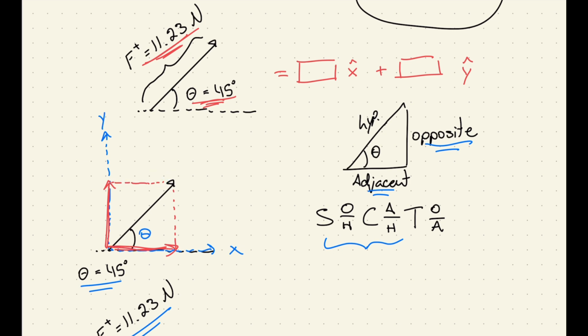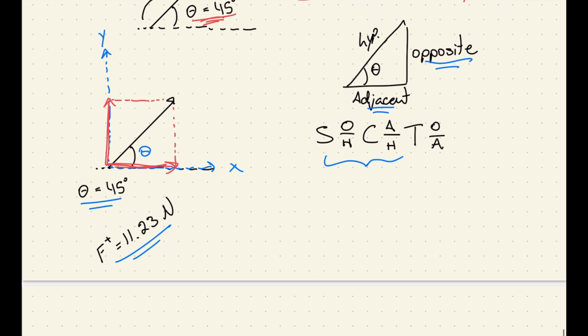So this is why sines and cosines are useful, because we can create this equation here. We can take sine of the angle theta is equal to O over H, opposite over hypotenuse. In this case, what is the opposite? Opposite is equal to this leg here, which I will say is the Fy component, or it is the same thing as this here, Fy component.